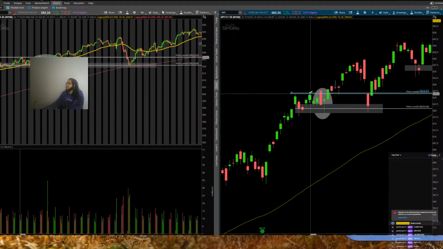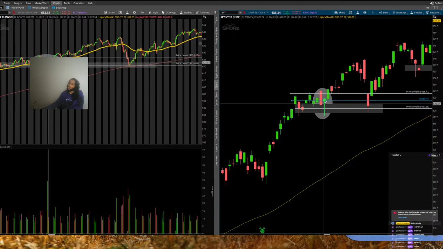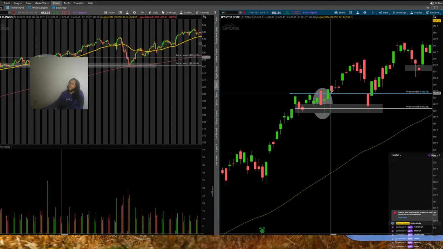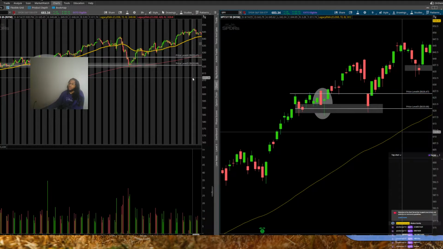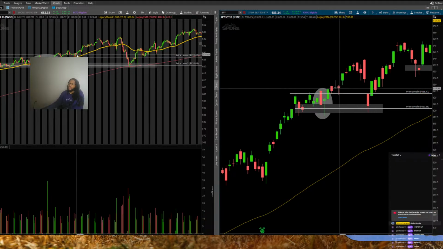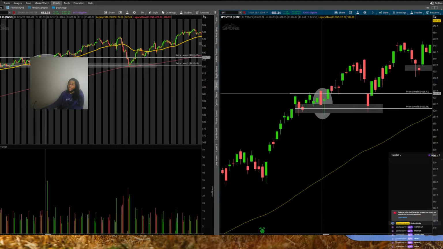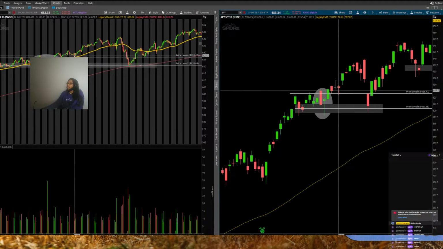If this was a little consolidation that you were looking for, and you were looking for a breakout, and using maybe the 72 EMA on a retest of that area, that would have netted you pretty nice results.